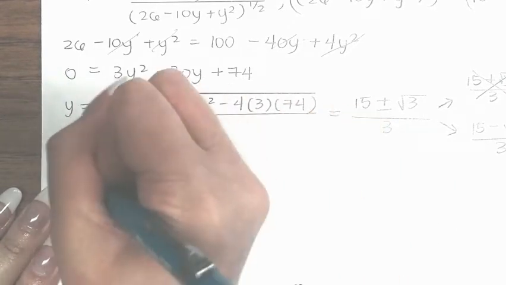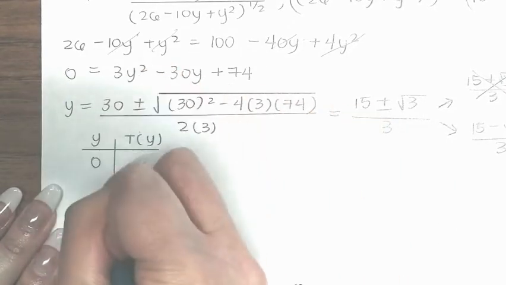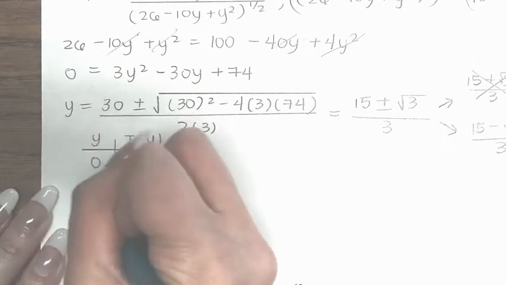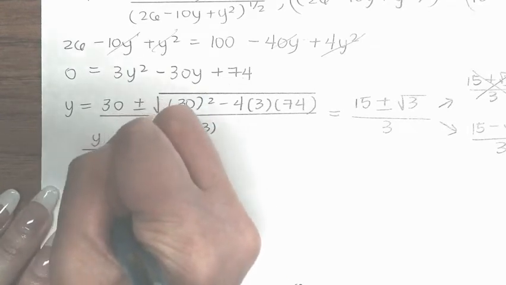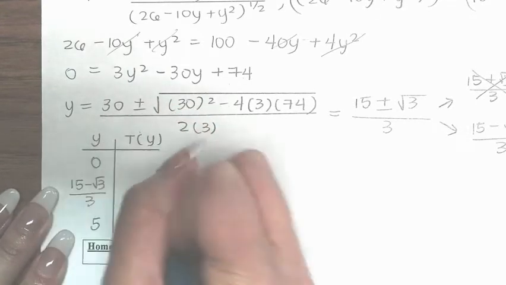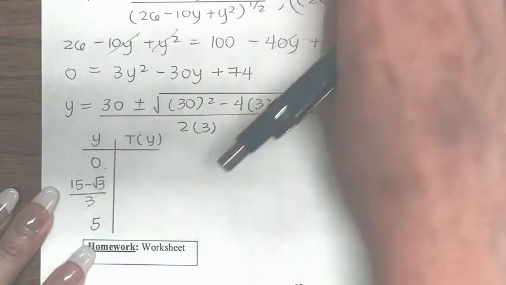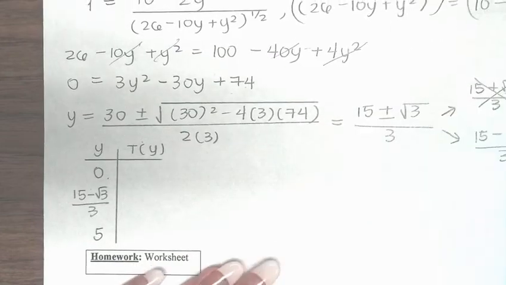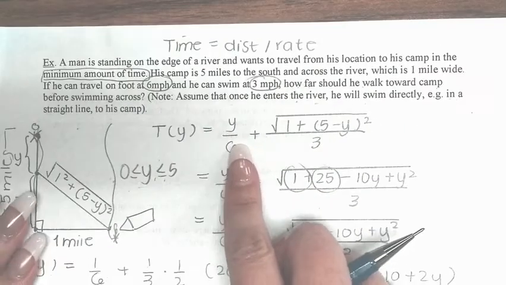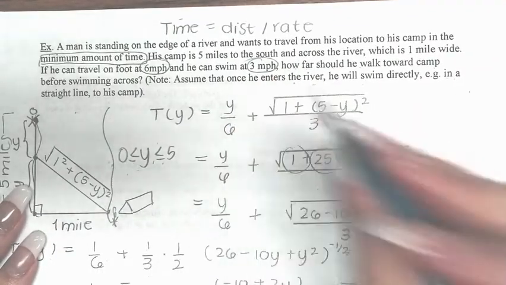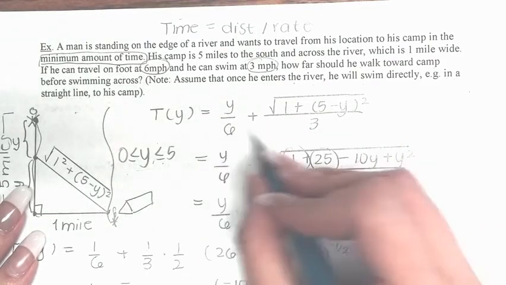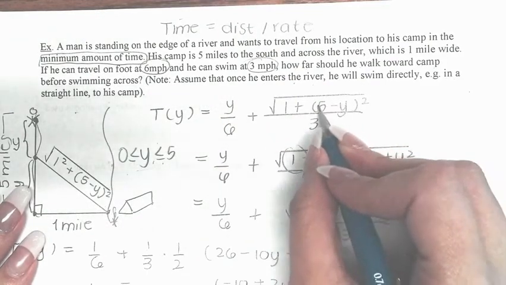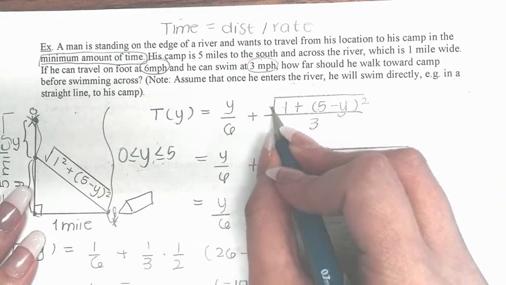As I mentioned a second ago, this is 0, this is 5, and then here you are going to put the 15 minus root 3 divided by 3. What are we going to do with these values? Well, you are going to plug them into your equation here. When I plug in the 0, this is 0, this is 0, but this is going to be a 25 plus 1. So this is root 26 divided by 3. So that's just the 0, right?